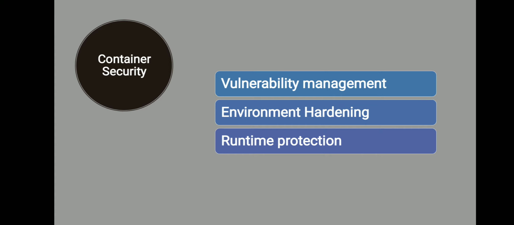Runtime protection is more about real-time threat detection. Security Center provides threat protection for your containerized environment and generates alerts for suspicious activities, and it happens at two levels. One protection is at the host level and the second protection is at the AKS, Azure Kubernetes cluster level.